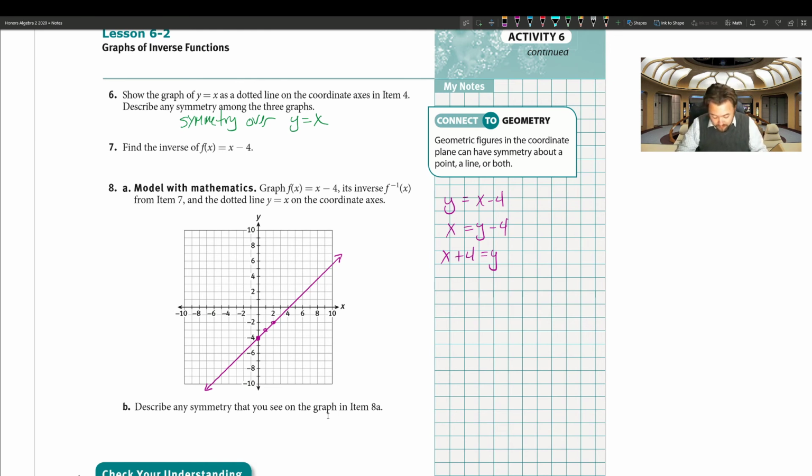I'll graph the inverse in blue. The inverse was x plus 4. So we're going to do 4, and our slope is still 1 over 1. Go ahead and graph that. Oh, nice and straight. Okay. Well, straight-ish. Bear with me. It is on a tablet.